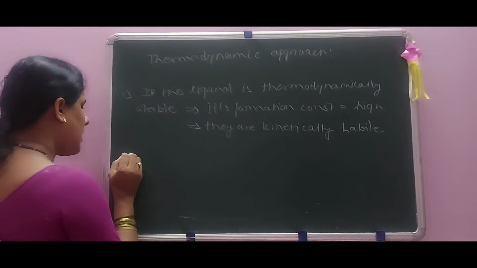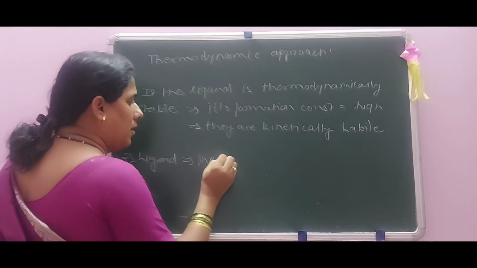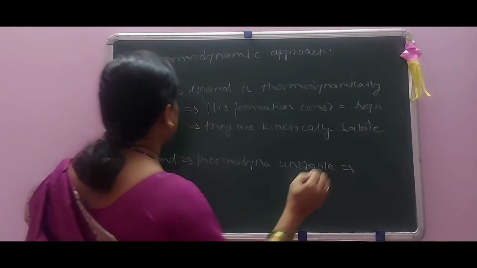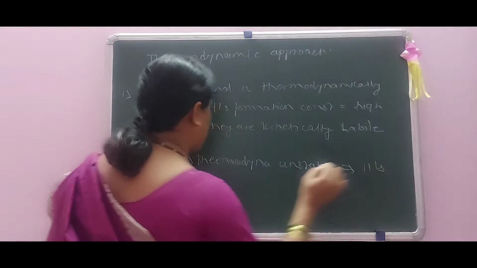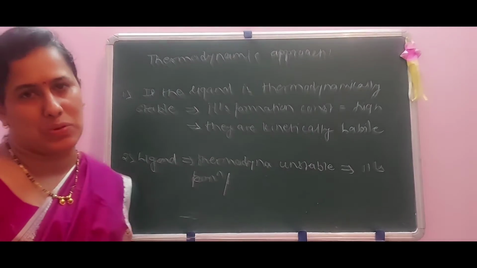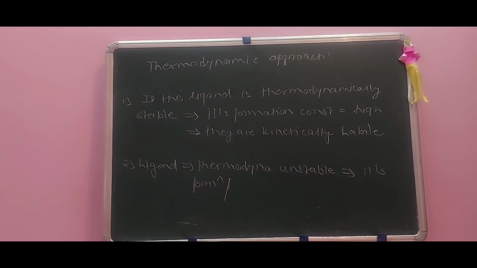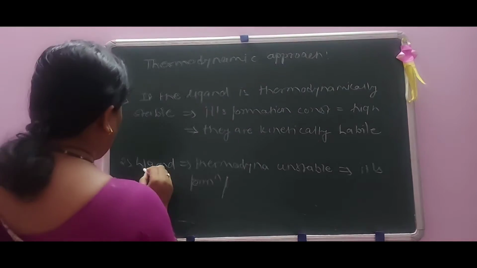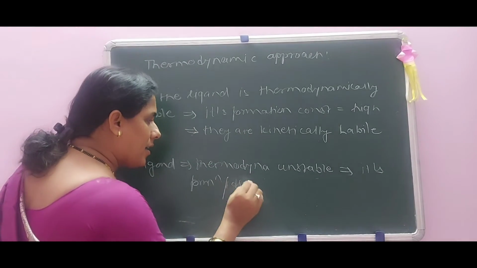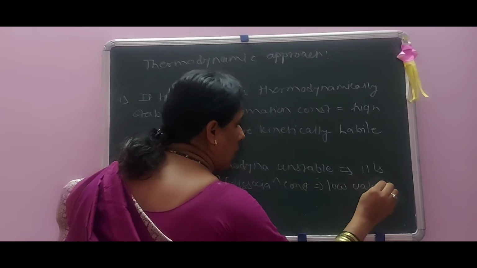Now the second approach of thermodynamics: if the complex is thermodynamically unstable, that means its formation or dissociation constant has a low value.